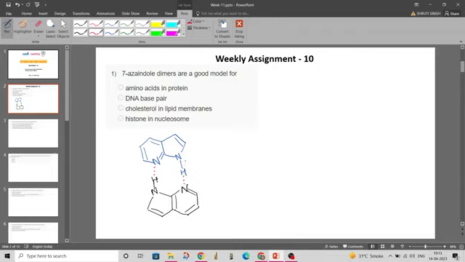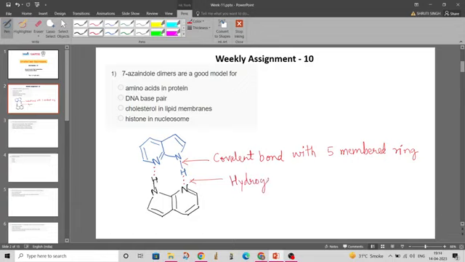Okay, so this one is the covalent bond with 5-membered ring, and this one is the hydrogen bond to 6-membered rings.